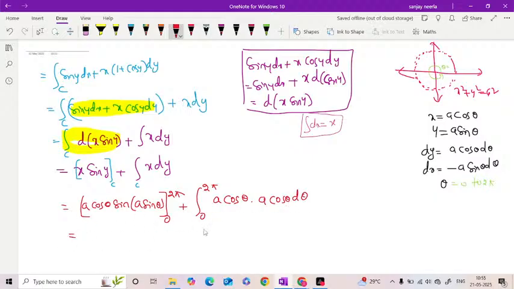First one, leave it. Now come to the second one. Here this is a square, integral 0 to 2 pi, cos square theta.